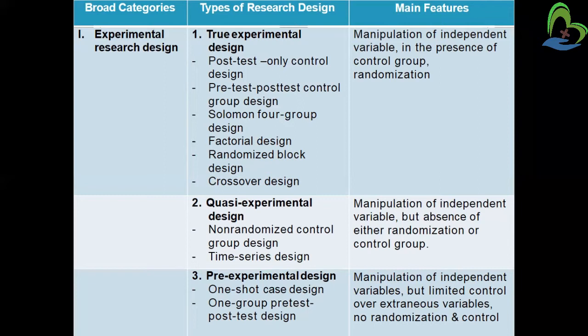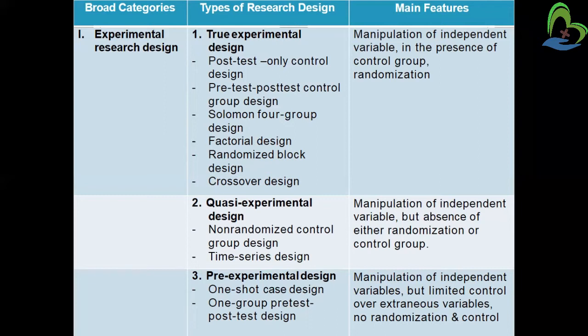Number one is true experimental design. In this design, the researcher has complete control over the extraneous variables and can predict confidently that the observed effect on the dependent variable is only due to the manipulation of the independent variable.